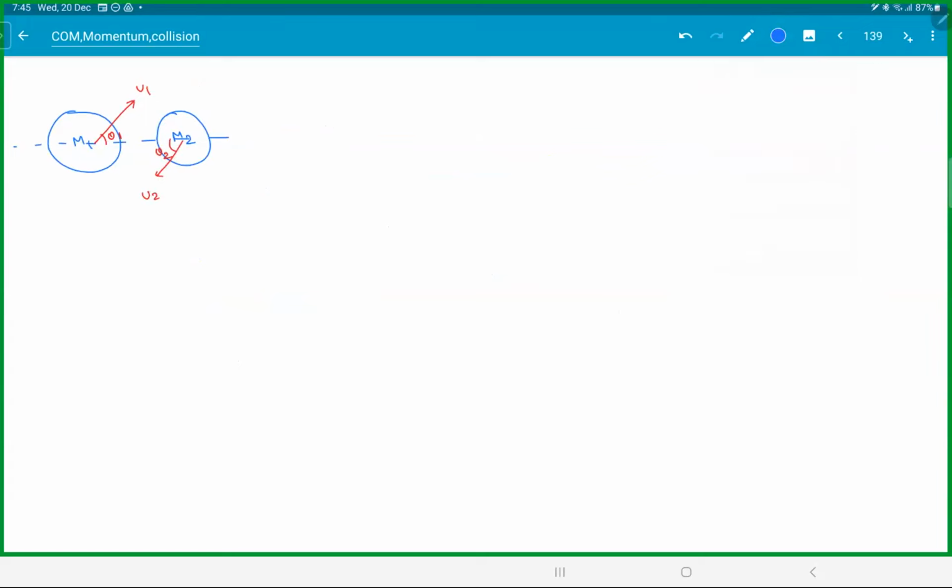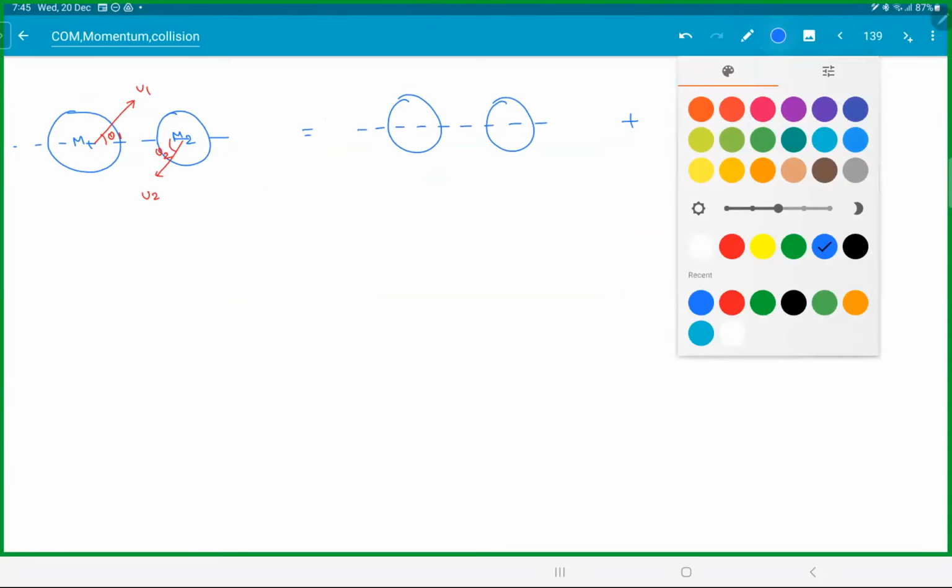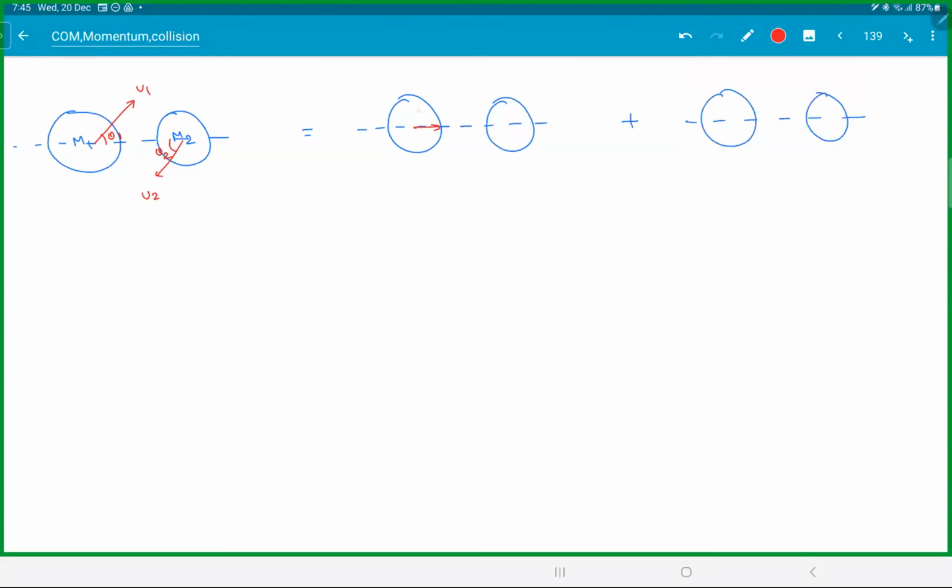So step 1, resolve the velocities along the normal and perpendicular to the normal. So this was the normal. This would be u1 cos theta 1. This would be u2 cos theta 2. This would be u1 sin theta 1, and this would be u2 sin theta 2.